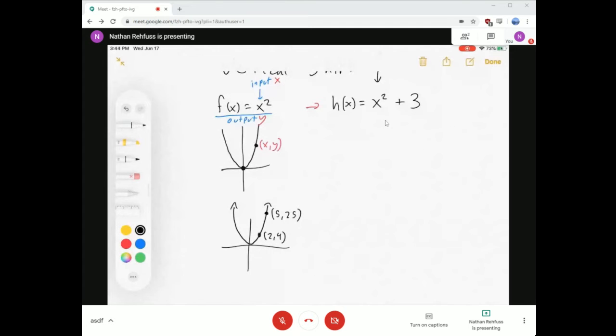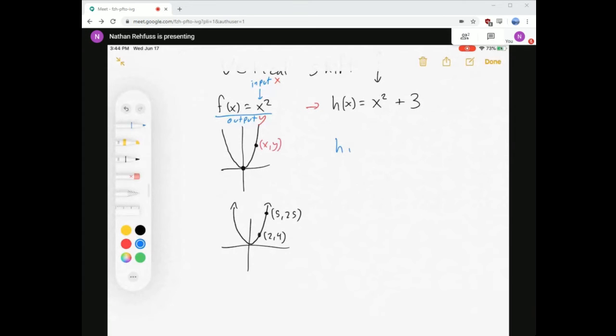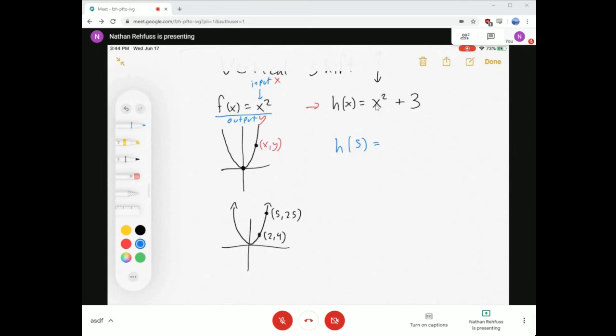So over here on the right, if I plug 5 into h, I'll just do this once. h of 5 is x squared plus 3, but it's the same as f of 5 plus 3, because f of x is x squared and h of x is x squared plus 3. So I'm taking the value I would have gotten out of f, that's x squared, and I'm adding 3 to it.